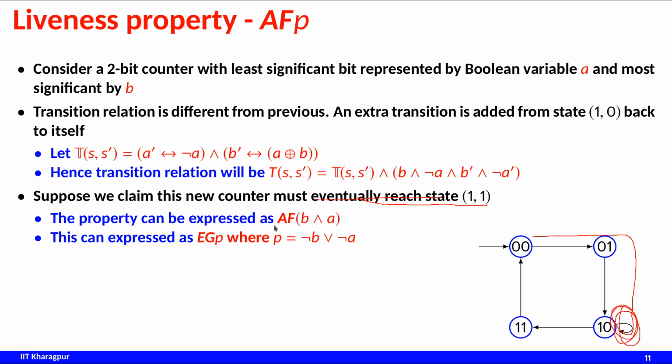In order to verify this property, we use this expression, because using the duality we can express this AF P property as EG not P, where not P is nothing but the negation of this property. If this property holds, then the other does not hold, so there will be a negation.